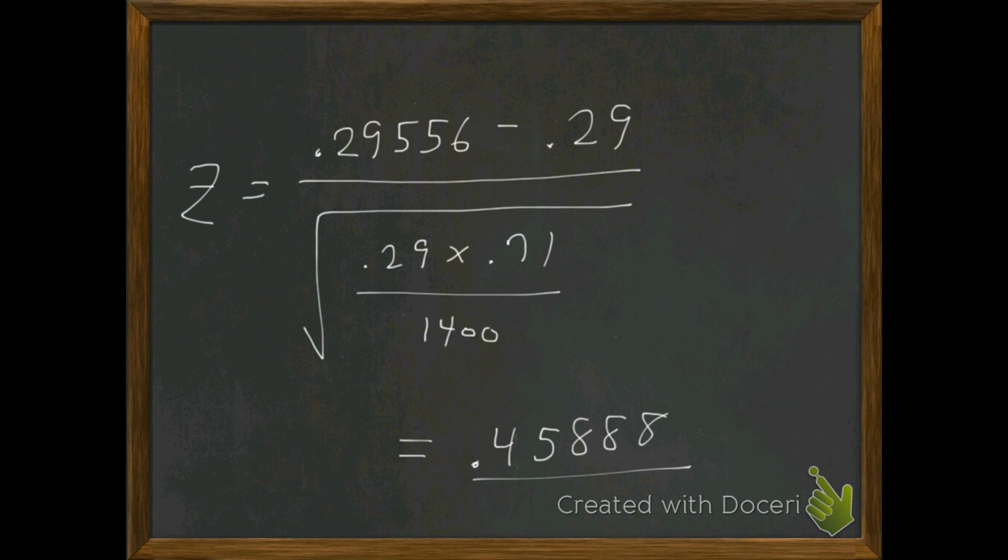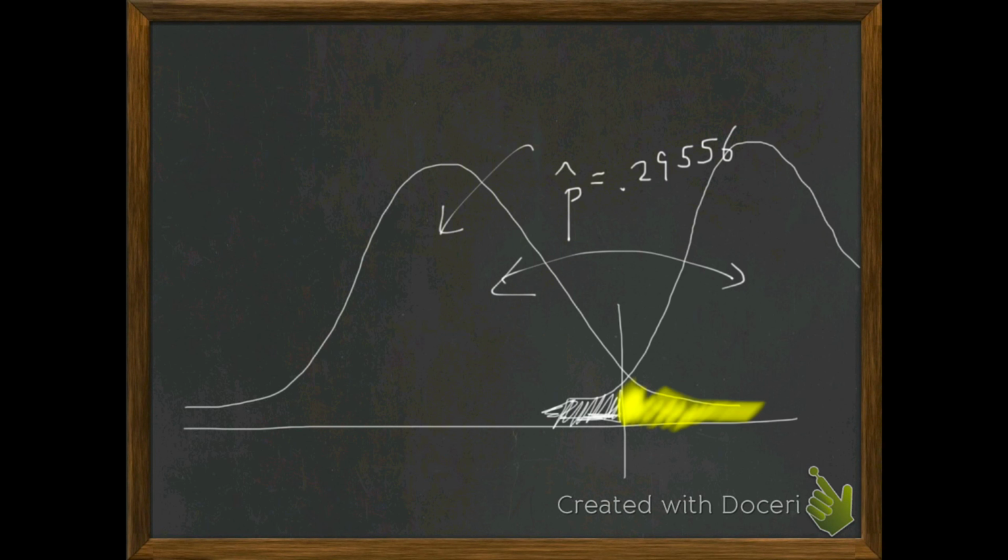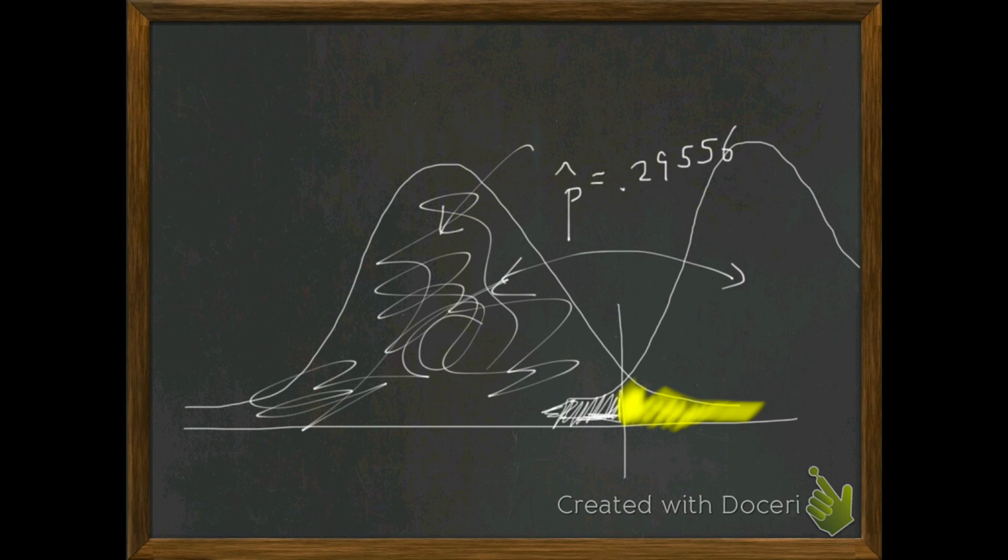So back to our distribution here. Relative to this distribution, and I'm really making it ugly, this sample proportion is 0.4588 standard errors above this mean. So guys, that means that we can take 0.4588, take the area above, and we're going to get the probability of a type 2 error.